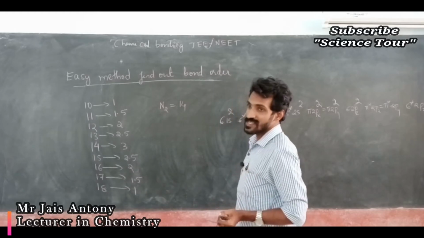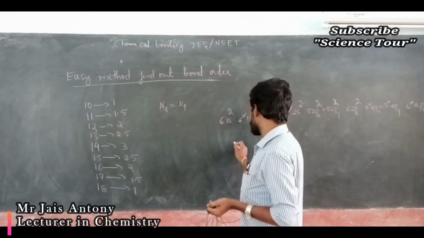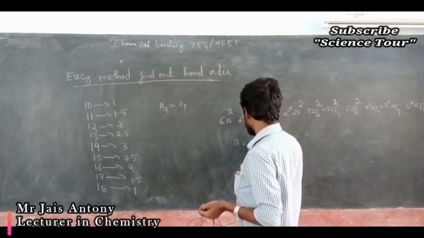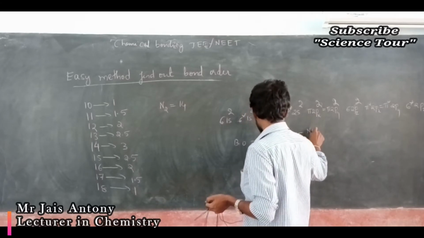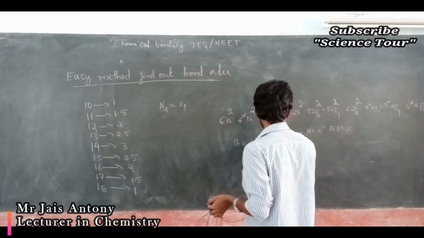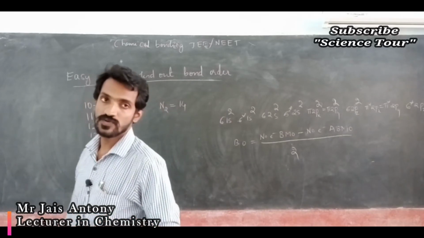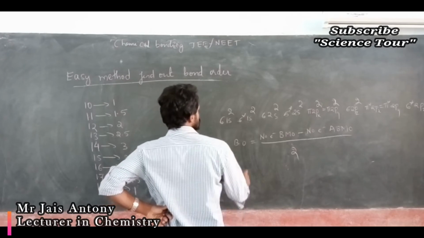The formula for bond order is: bond order equals the number of electrons in bonding molecular orbitals minus the number of electrons in anti-bonding molecular orbitals, divided by 2. You are using this formula.